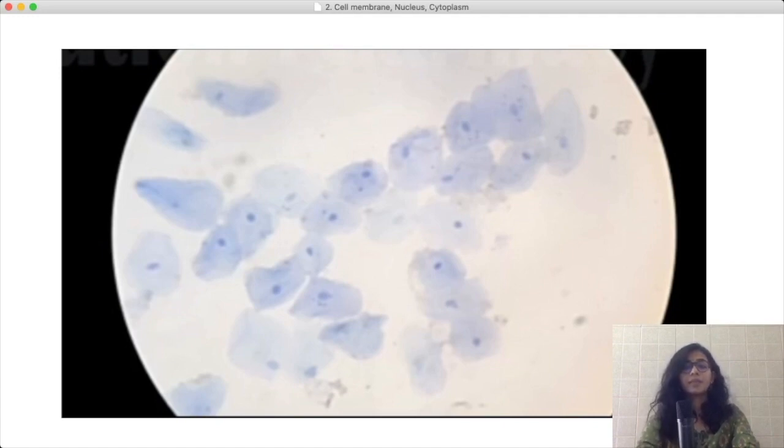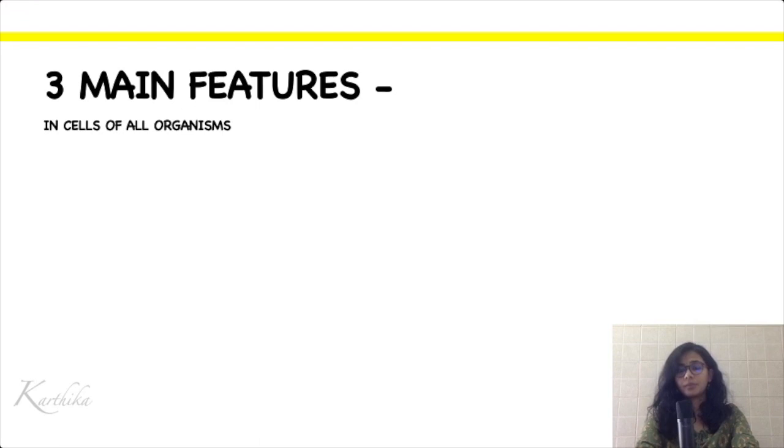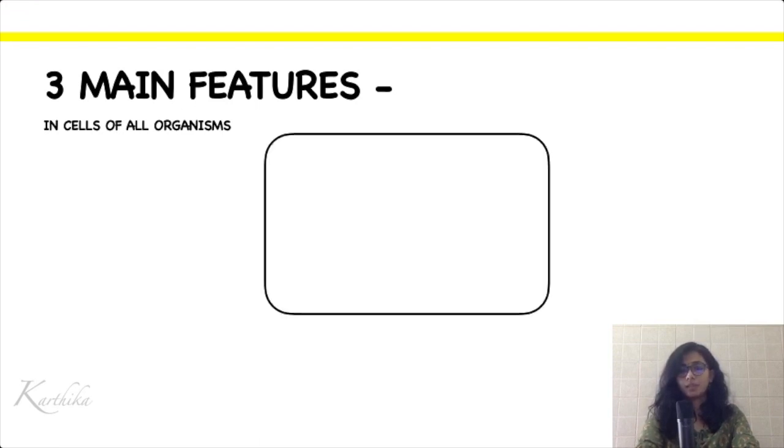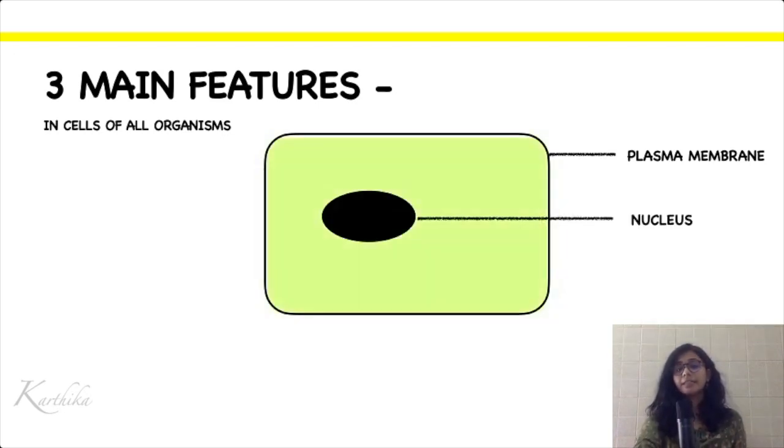How are they the same? They have basically 3 main features in both plant, animal and every organism. So what are the 3 main features? First, an outer membrane is present, which is called the plasma membrane. Then there is a densely stained area, which is the nucleus. And then in between these, we have the cytoplasm.